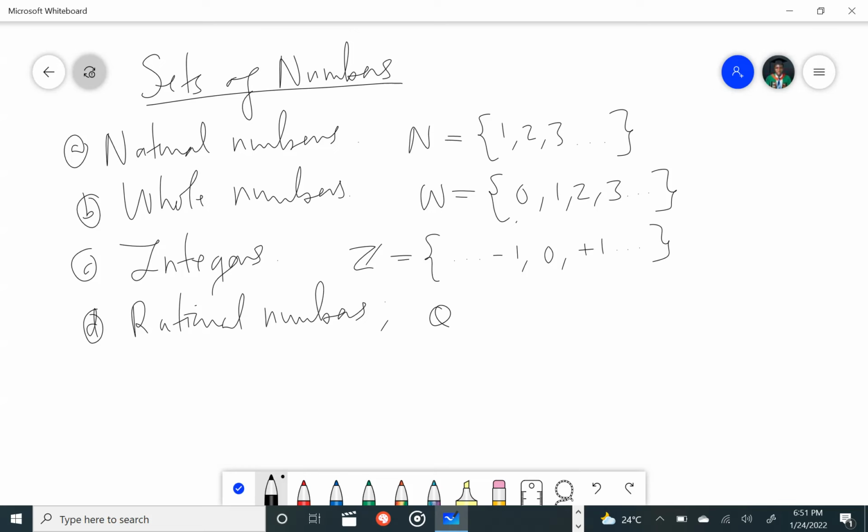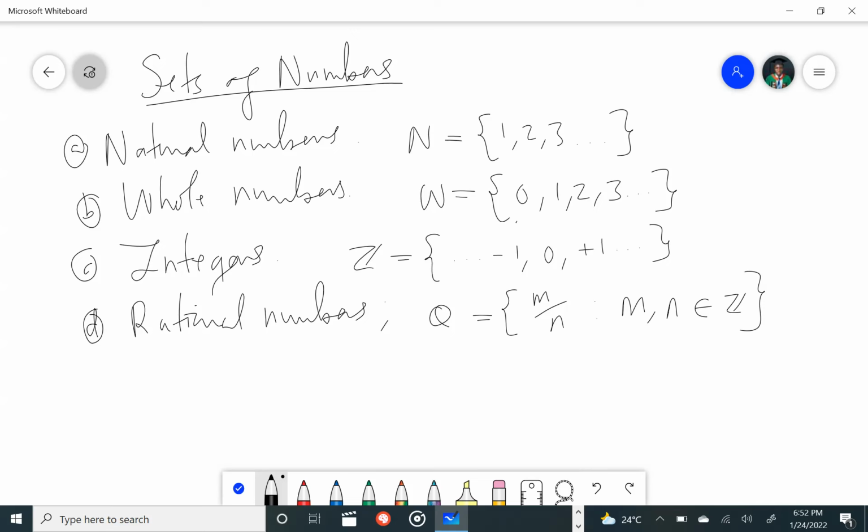They are represented by Q. Here m and n are members of the integers, which means m and n can be negatives or positives. But n doesn't have to be 0, because if you divide any number by 0, you get undefined. So n shouldn't be 0. It can be any other number except 0.